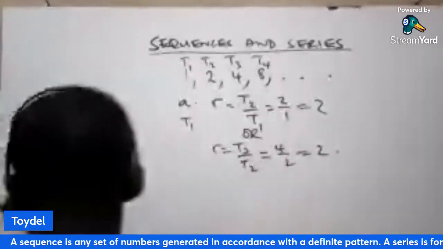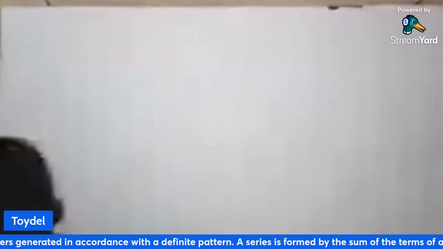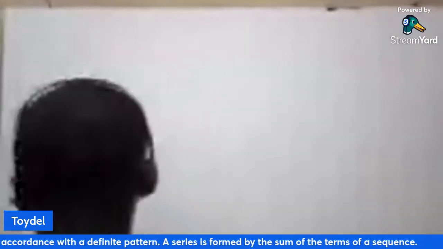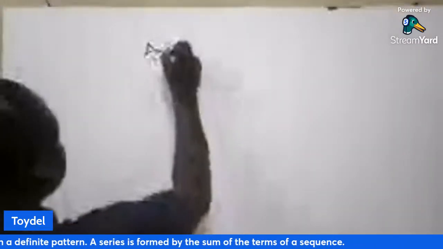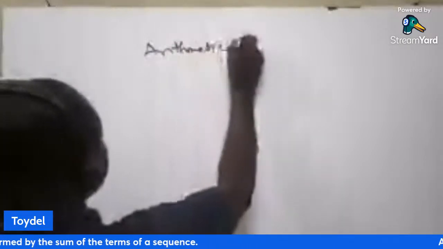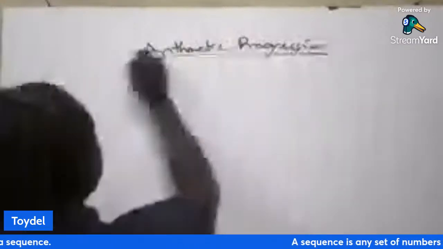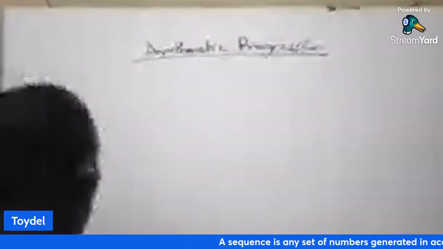So I would love to treat these sequences separately. The first one, arithmetic progression. Arithmetic progression is otherwise known as the common difference.